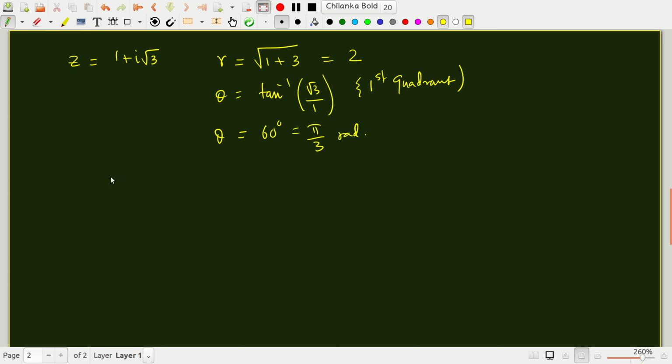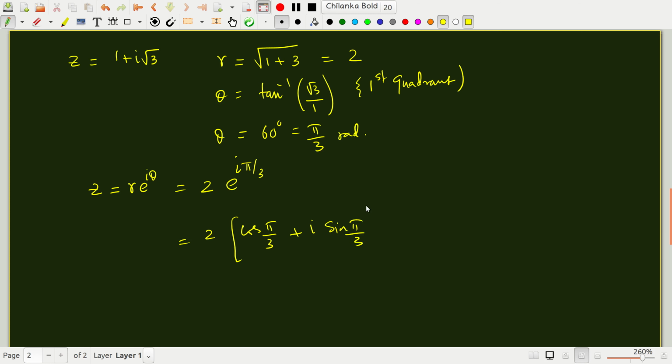Okay, so z, instead of writing it as 1 plus I root 3, I want to write it as r e to the I theta. Now that I know r, which is 2, and theta is pi by 3, this is 2 times e to the I pi by 3, which is cos pi by 3 plus I sin pi by 3.